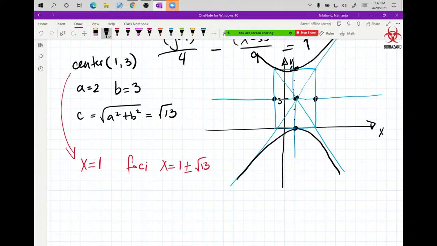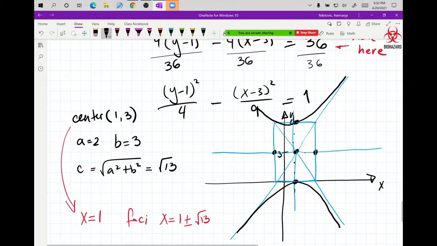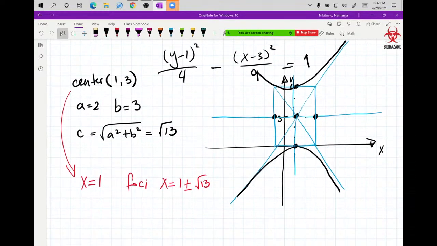So what is the equation now? We have two focal points. This is 1 plus root 13. No, lies. I did it wrong. I am adding them to x. So having a focal point does nothing here because there is no hyperbola to surround it. I was supposed to add and subtract this on the y-axis.